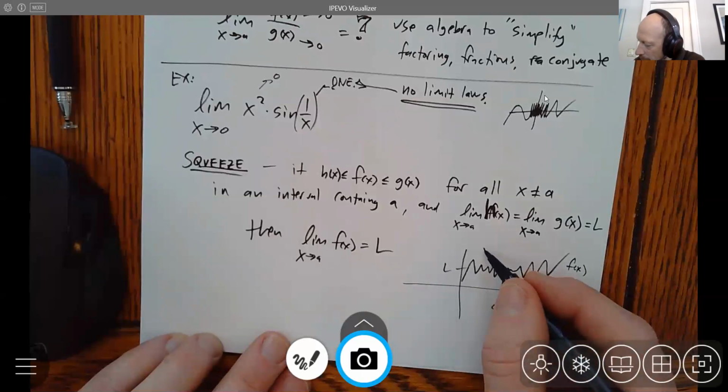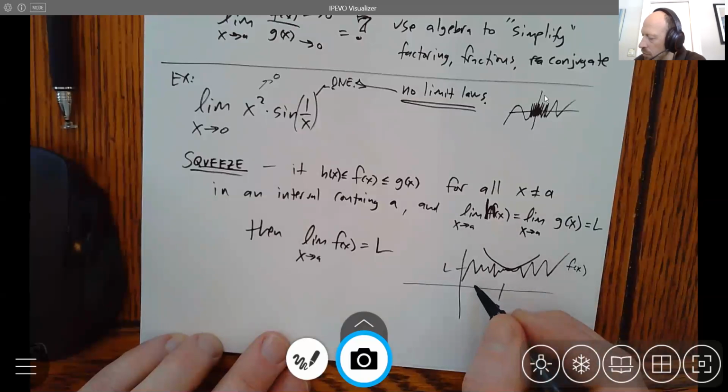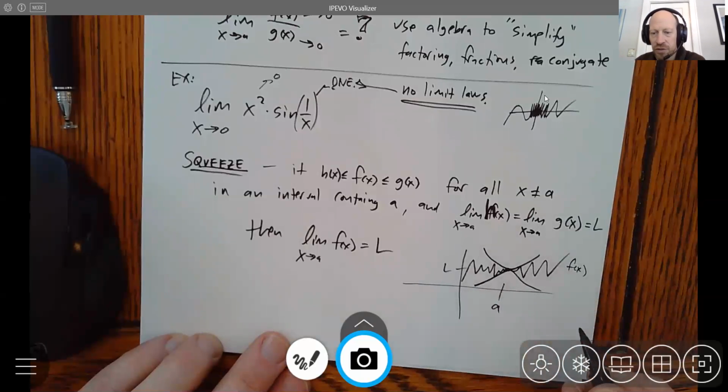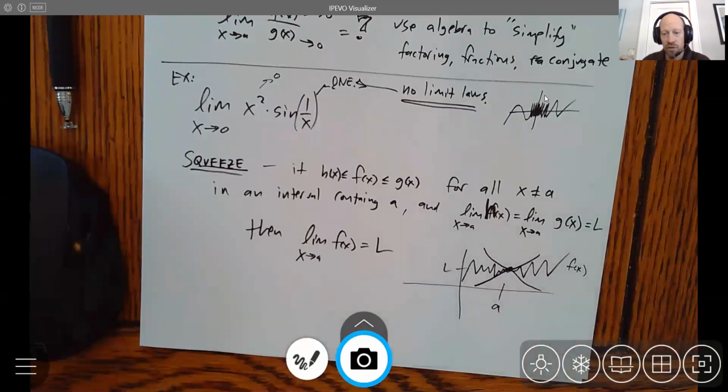But if we can trap it between two other functions, and both of those other functions go towards L, then our function also has to have a limit of L. If those two functions have a little space between them, then who knows, the limit may or may not exist. But if they both go tight to L, they're equal to L, then our function also has that limit.